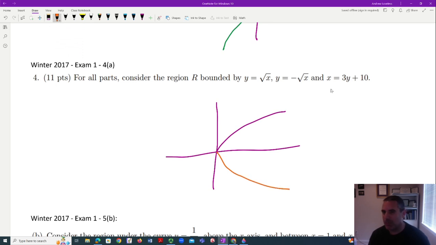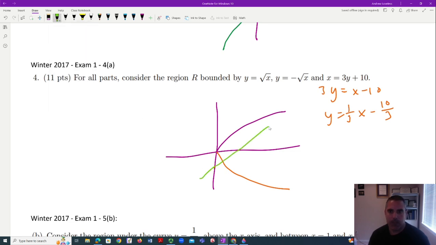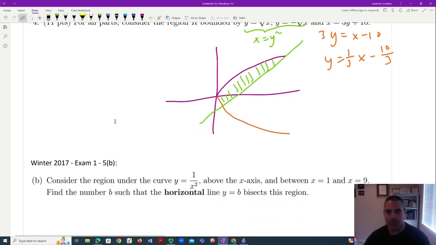I know it's kind of written in a funny way, so if you wanted to, you could rearrange it. 3y is x minus 10. Y is a third x minus 10 thirds. So the intercept is somewhere down here, and it has a positive slope. Okay, so something like this. There we go. This would be much easier to do with y, and so I would much rather write x equals y squared. But that's not what this video is about. This video is just about drawing.